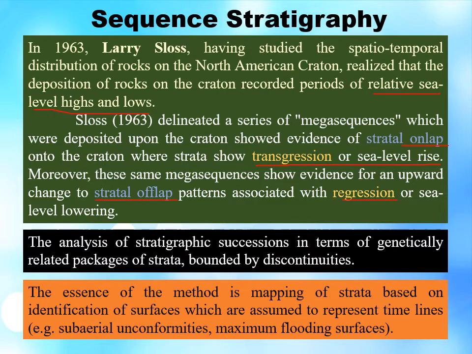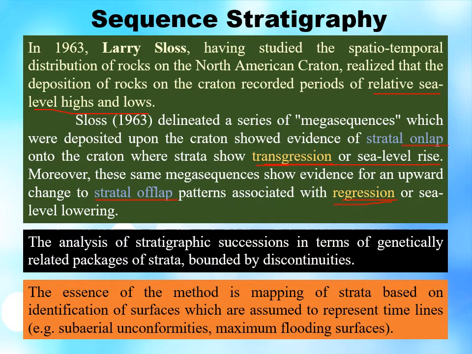So the sedimentation change of an area occurs due to transgression or regression, that means due to sea level changes. This kind of approach in the stratigraphic study of an area, genetically, that means by their genesis, how they originated in relation to sea level change, is known as sequence stratigraphy.